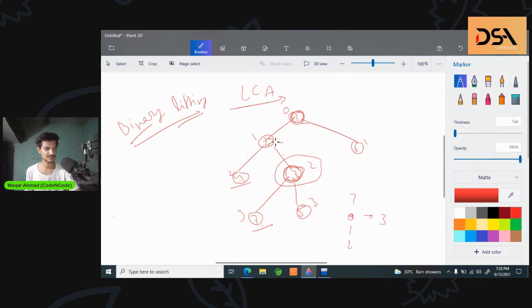The ancestor at distance 2 raised power 1, which is distance 2, is this one, so 2. Now at distance 2 raised power 2, that is distance 4, that does not exist. So minus 1. This is what we have to store for each single element.